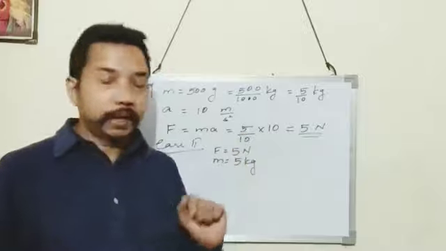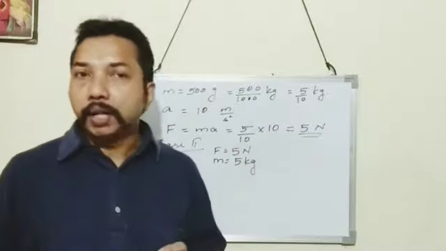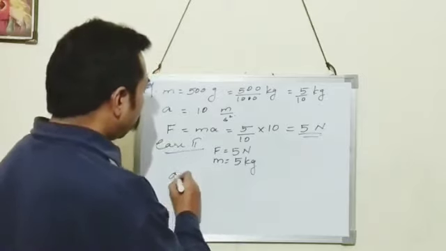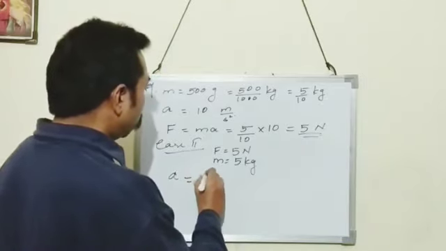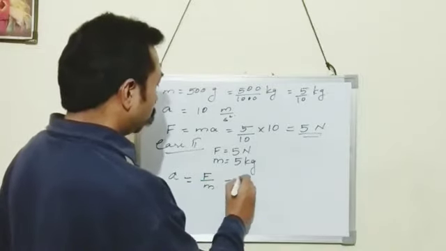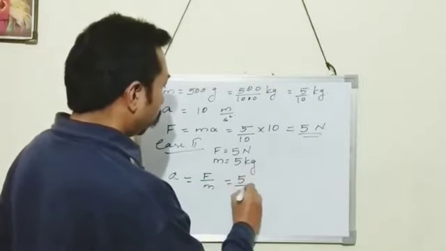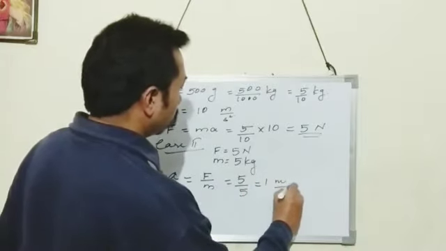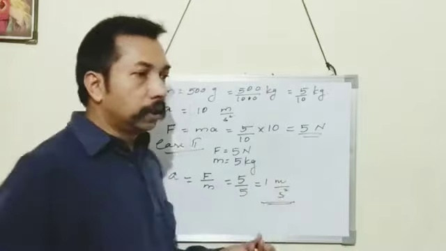Now force is 5 Newton, mass is 5 kilogram. We have to find the acceleration. So we write the formula of acceleration. Acceleration is equal to F upon m. So that is equal to 5 upon 5, which is equal to 1 meter per second square. So this is the answer.